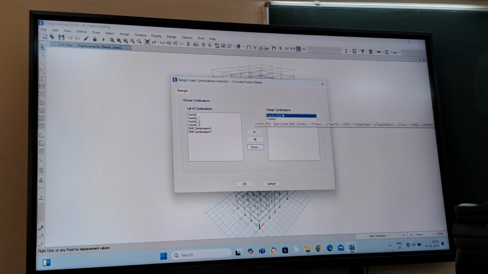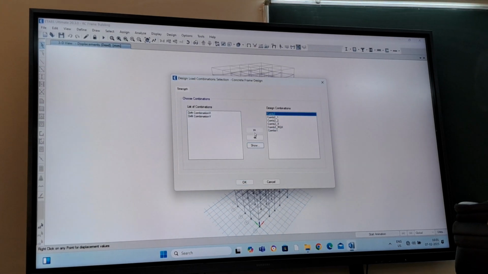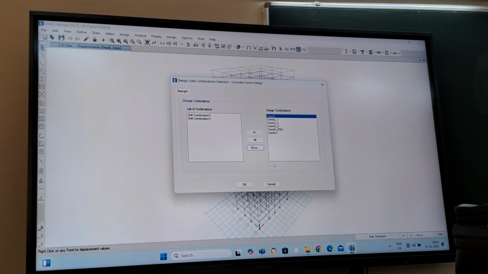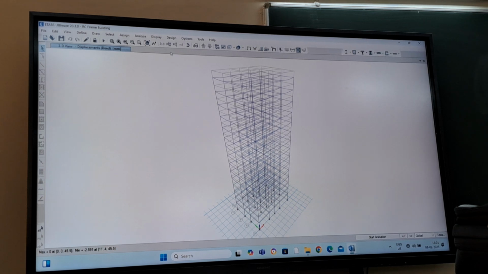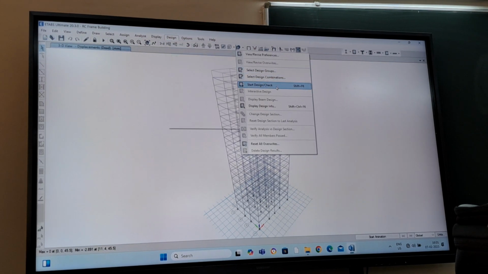Whatever combinations you are providing in this right side box, that many will be considered for the design. Now since I have only this many, we'll consider this many. But you have to do according to whatever you want from the code. Then now you can start design.